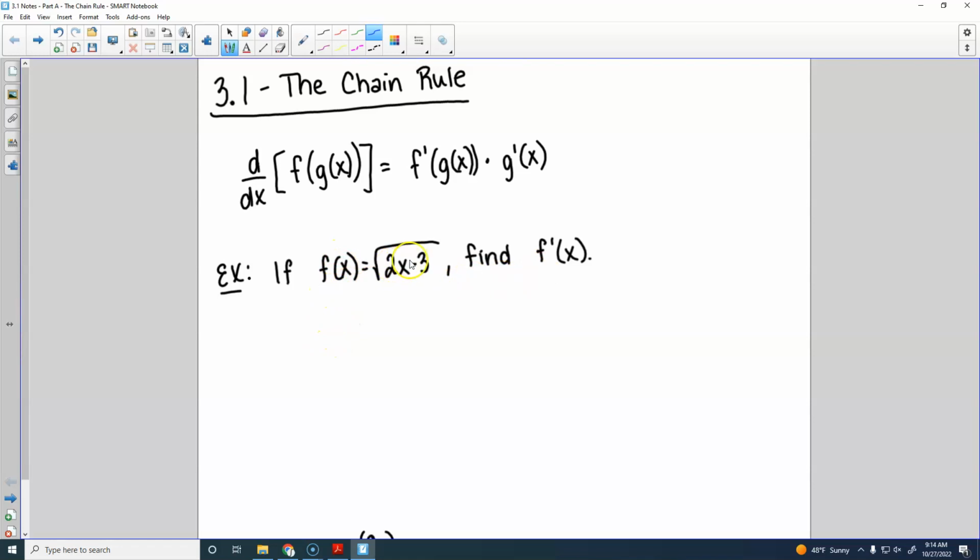So let's do this. I do want to rewrite this before we take the derivative. And square roots are a little hard to deal with for derivatives. So instead of using a square root, I'm going to write it like this: 2x minus 3 to the 1/2 power.